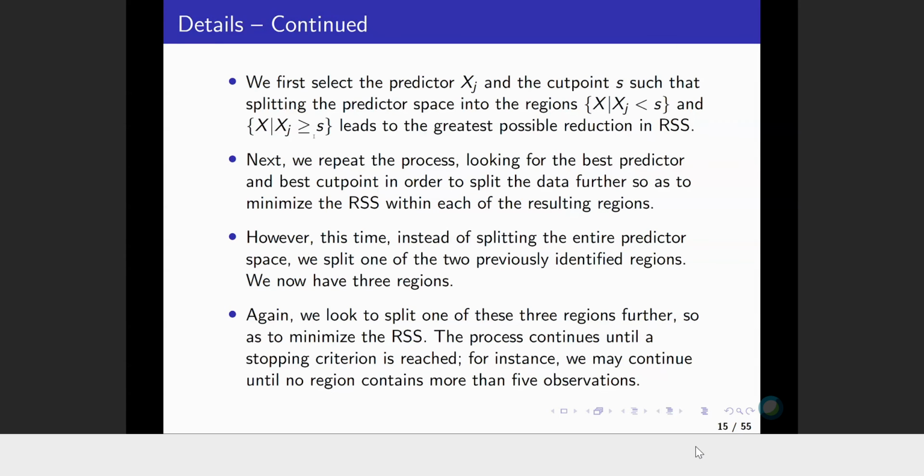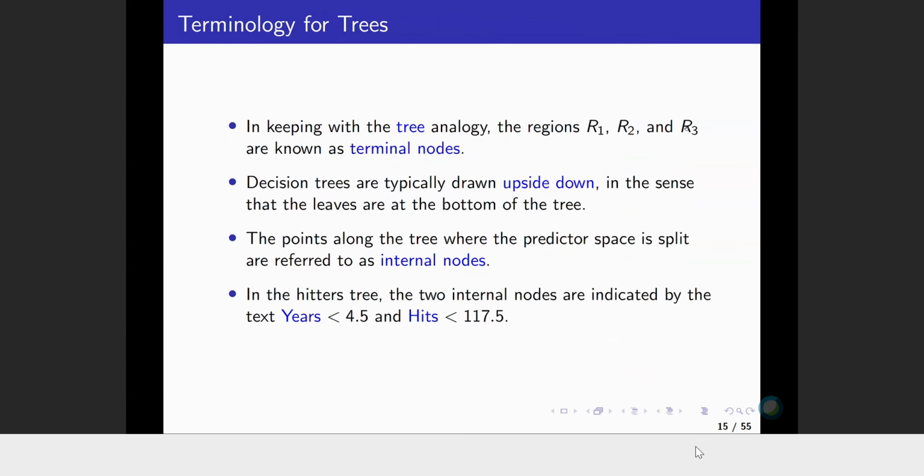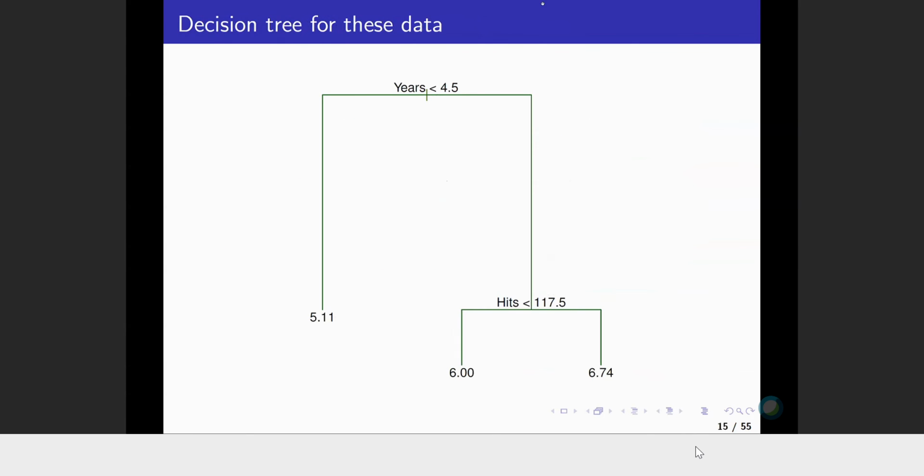This splitting leads to the greatest possible reduction in the residual sum of squares. This is the first step you did in the tree. You choose two values: which predictor is your splitting variable, and the cutoff point.